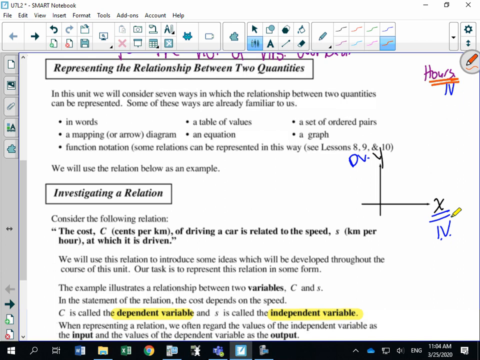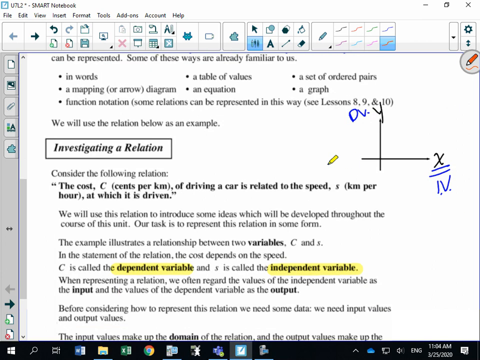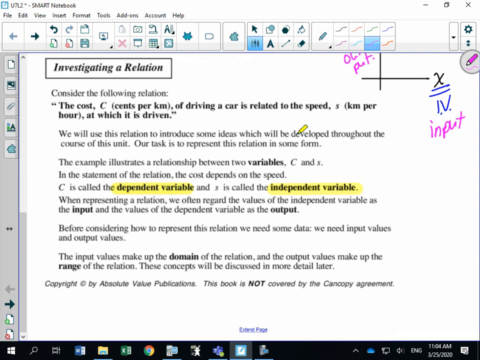You need to know, like I said, the terms independent variable and dependent variable. The x we also call the input, and y or the dependent variable we call the output. And that's what this entire lesson is going to be on: what does input, output, independent, dependent variable mean? How does that work?